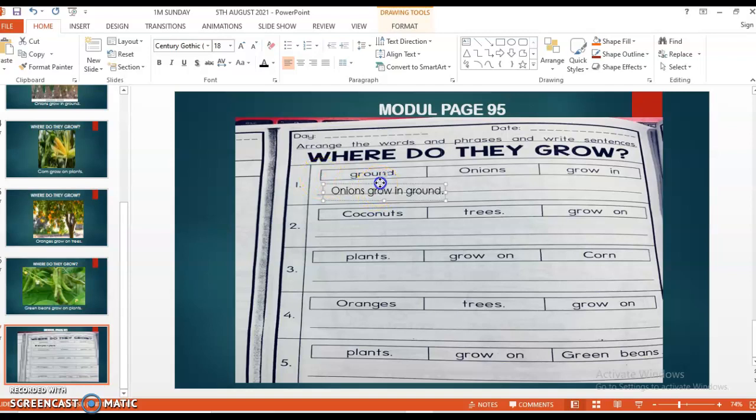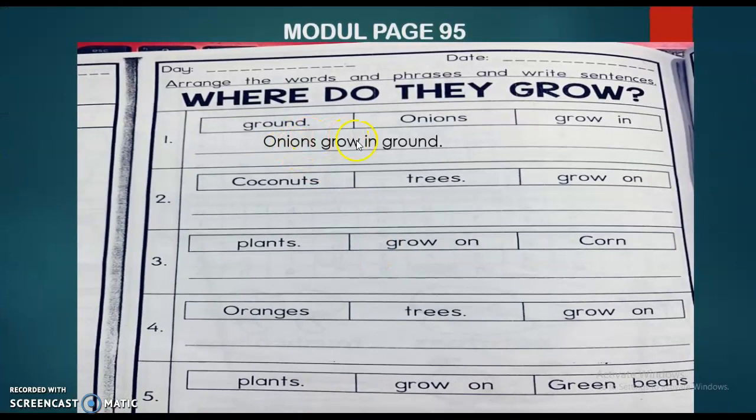Okay, you can write like this, Onions grow in ground. So this is the answer for number 1. Nampak? Onions grow in ground. So number 2, number 3, number 4 and number 5, please do it yourself. Ingat huruf besar mesti di depan, and akhir sekali mesti yang ada full stop.